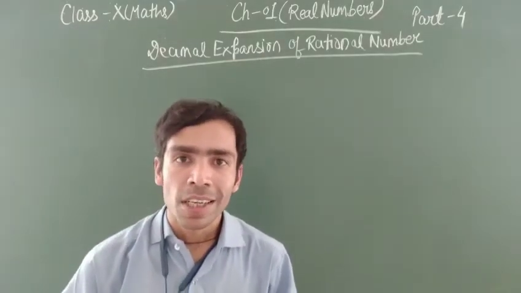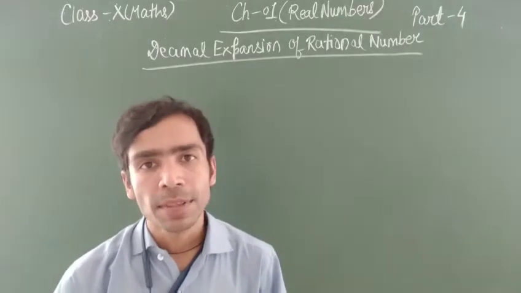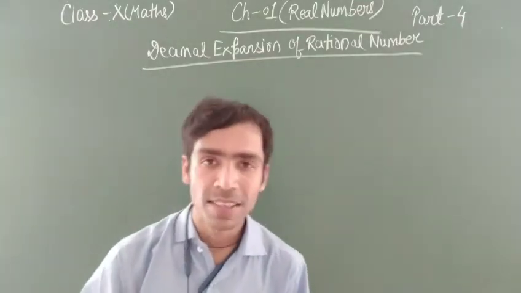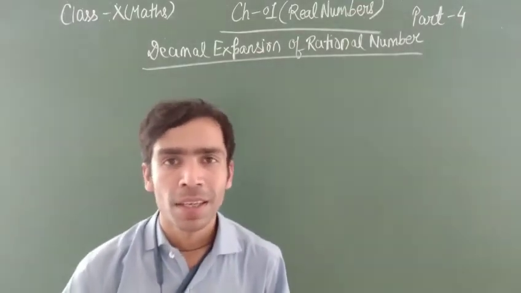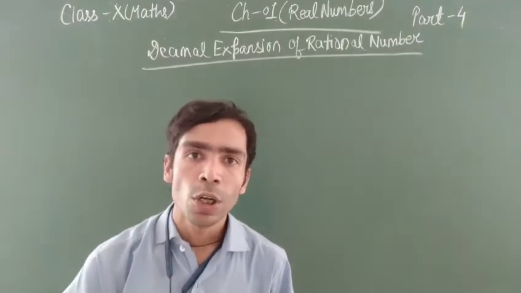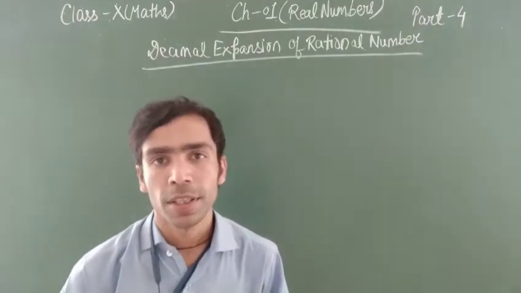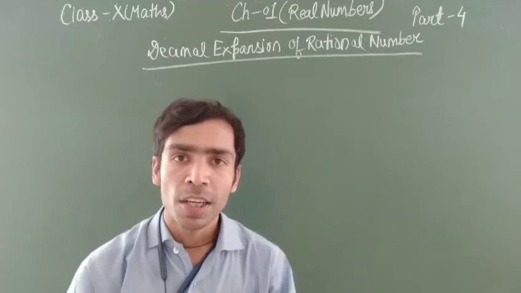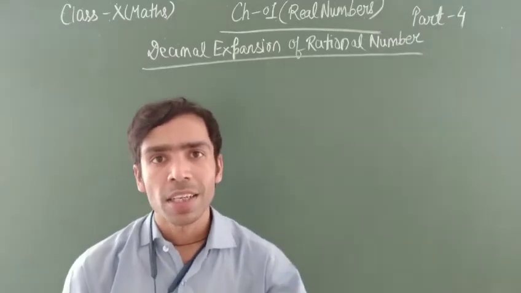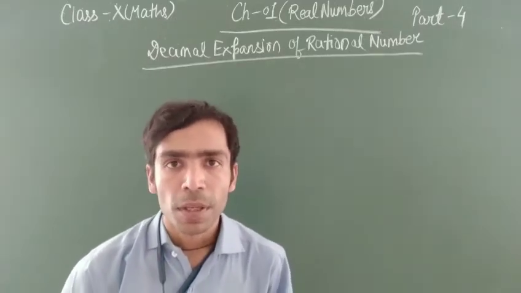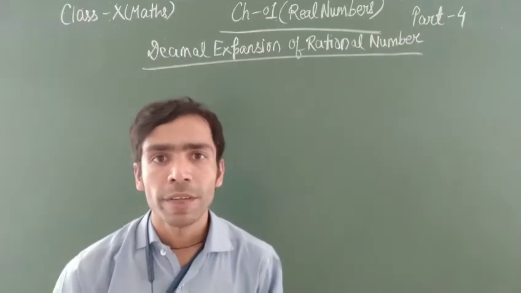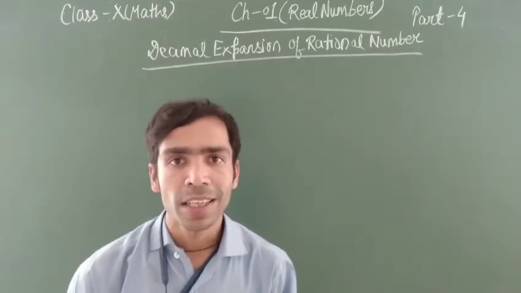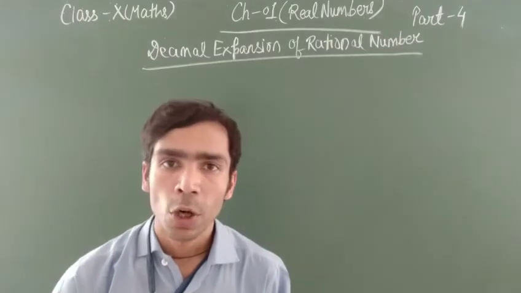We know that rational numbers can be of two types. The first type is terminating rational numbers, and the second type is non-terminating rational numbers. When rational numbers are non-terminating, they are repeating in nature. But in contrast, an irrational number is non-terminating, non-repeating.